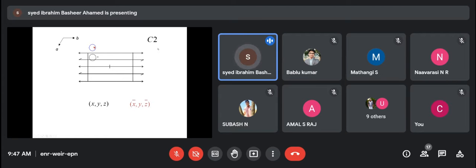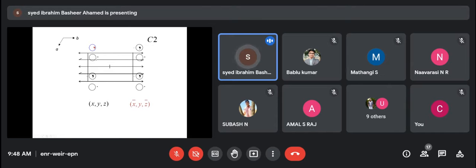But the thing is, it is a non-primitive cell. It is a C-centered lattice type. That means you will have another molecule in the center. Now we will see the equivalent molecules around this lattice.